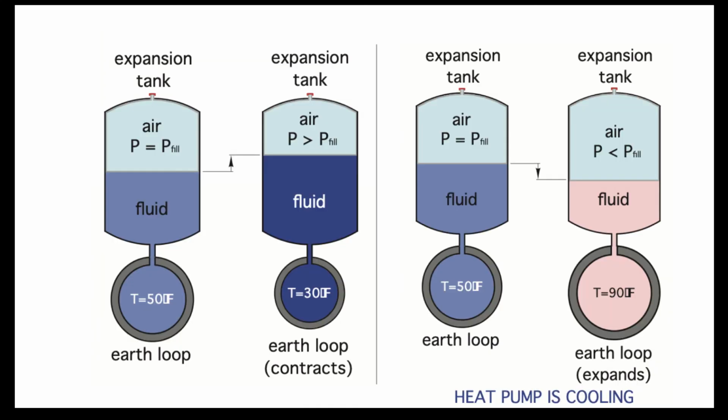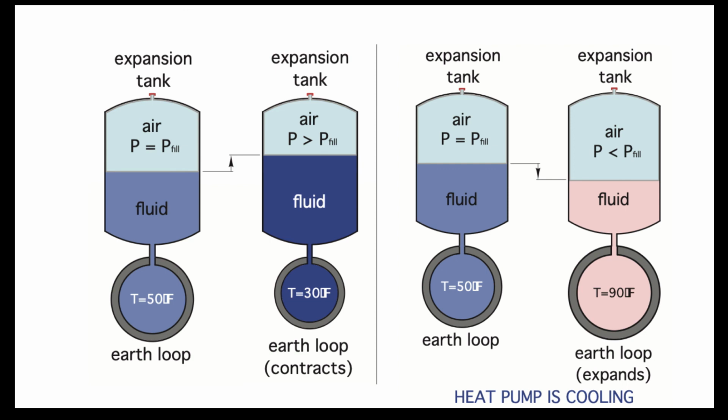This graphic demonstrates what happens to the fluid volume within the loop field system itself. It's the exact opposite of what we typically see in a closed loop heating system. The reason is that the polyethylene tubing has an extremely high coefficient of expansion and contraction. So as the loop goes from 50 degrees Fahrenheit to 30 degrees Fahrenheit, the tubing shrinks and contracts.